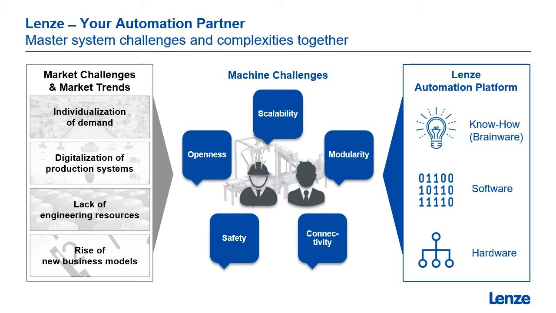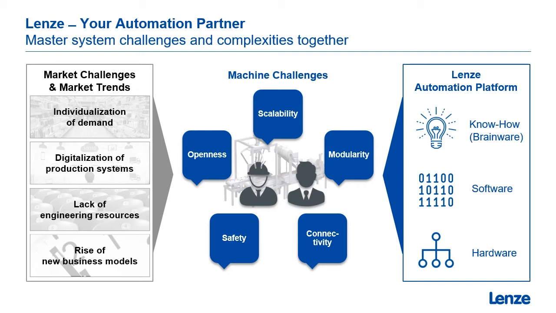And then also, to reach all these goals, you need an openness to bring all the different parts of the machine together. So what we are offering from the Lenze side with our automation platform is the know-how on how to build up these open and flexible machineries, how to answer these machine challenges.